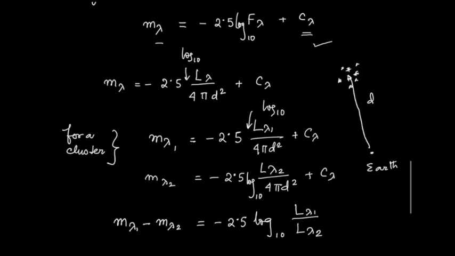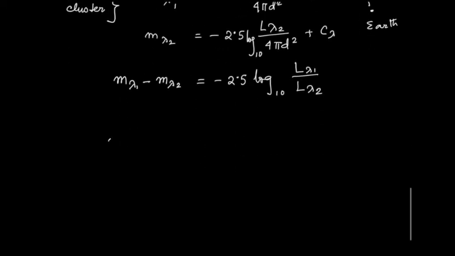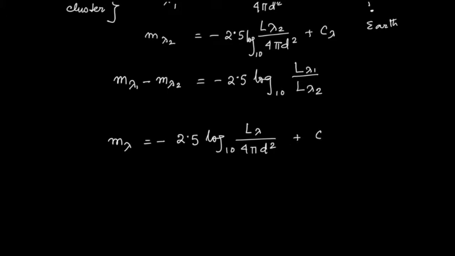Now, as you see already here, m lambda depends not only on the luminosity of the source, but also on the distance to the source, d square. So m lambda depends both on L and d.